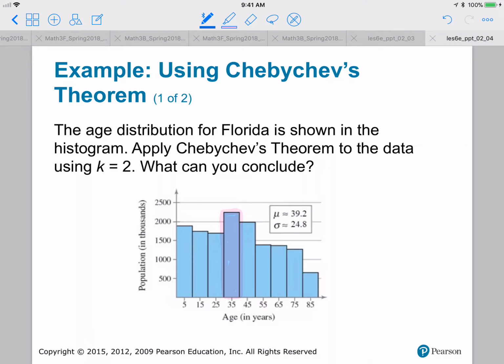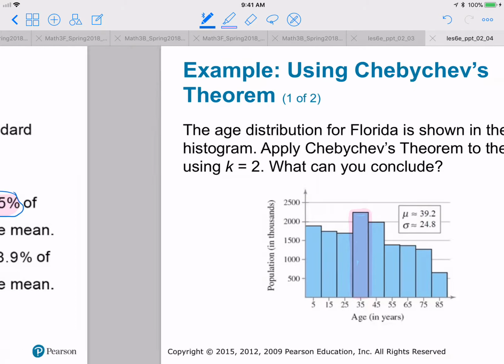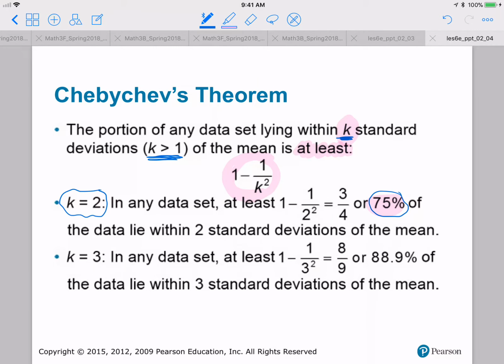What can you conclude? According to Chebyshev, the portion of any data set lying within 2 standard deviations of the mean is, for k equals 2, at least 75%.